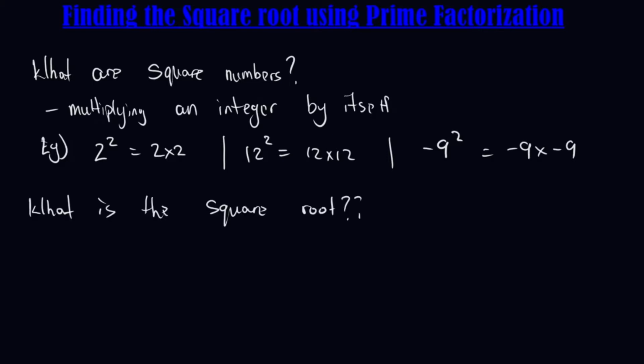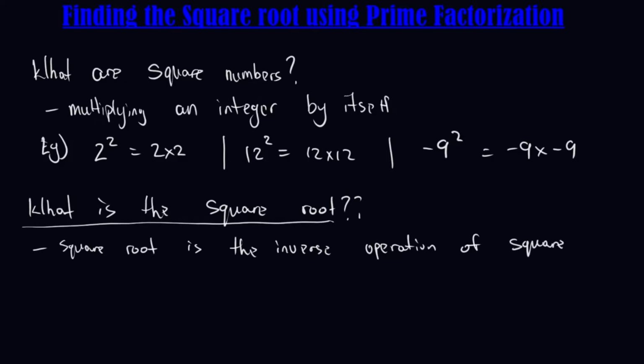So the next question is, what is the square root? Square root is the inverse operation of square, and you normally see this square root symbol. We can find the square root of all numbers, but there are some numbers called perfect squares where the square root is a whole number.